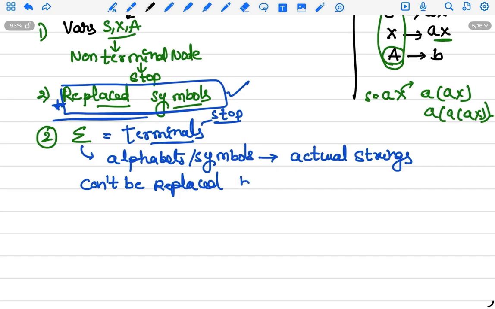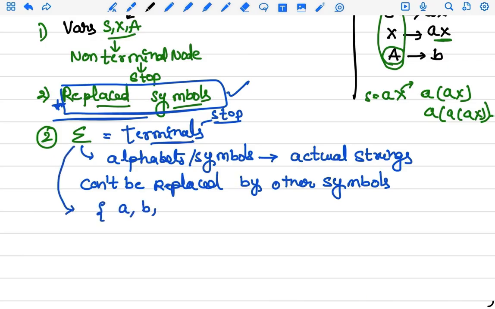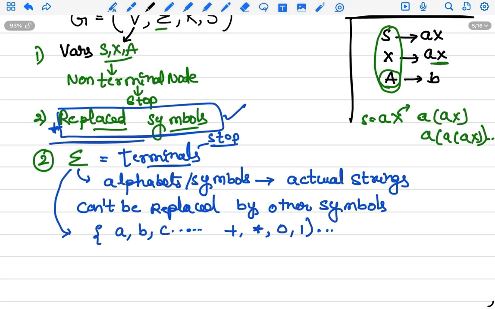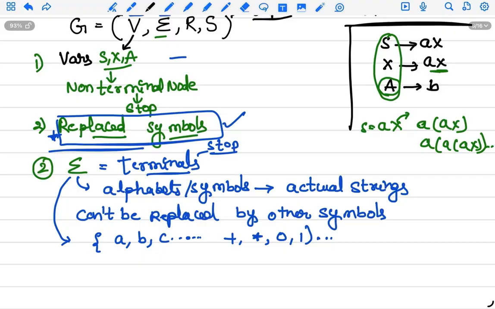Cannot be replaced by other symbols. So what are these terminals? Examples are small a, small b, small c, and so on, all the alphabets, plus, star, 0 and 1. The variables are represented with capital V, terminals are represented with sigma.